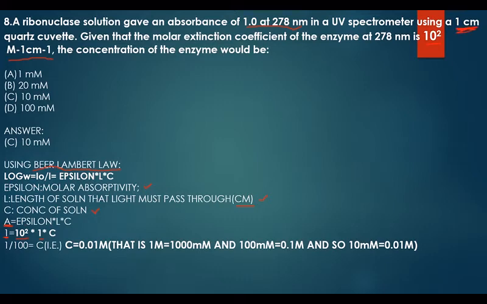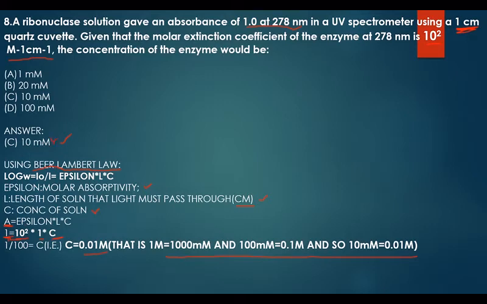So L is 1, and we have to know the concentration. So 1 by 100 equals C. So C is 0.01 molar. In millimolar it can be written as 10 millimolar. Okay, 1 molar is 1000 millimolar. Similarly 100 millimolar is 0.1 molar, and 10 millimolar is 0.01 molar. So the answer is 10 millimolar.